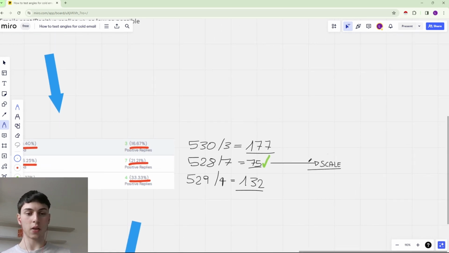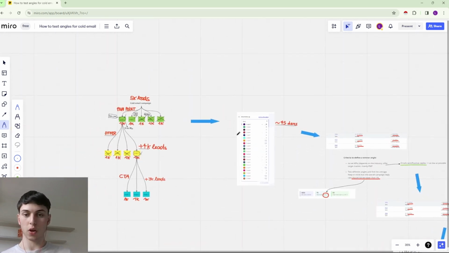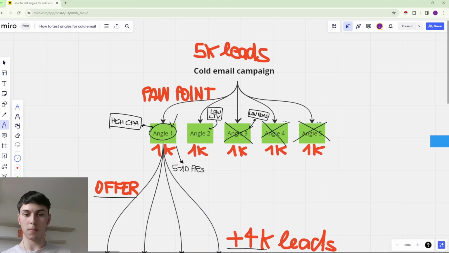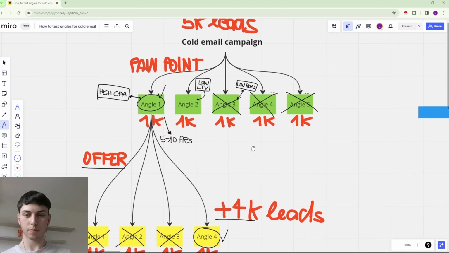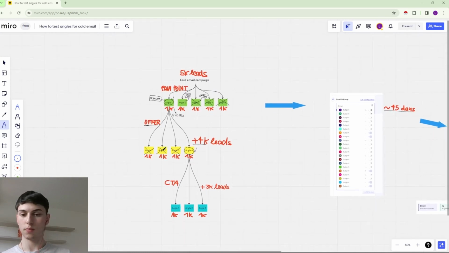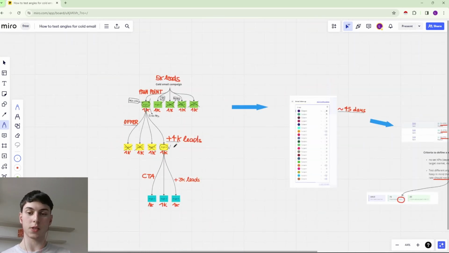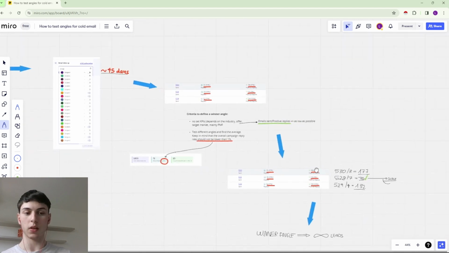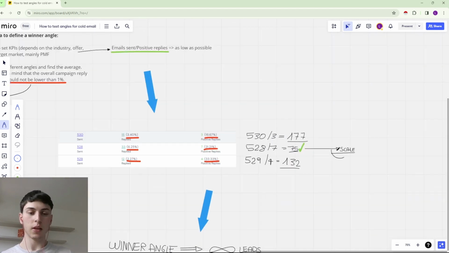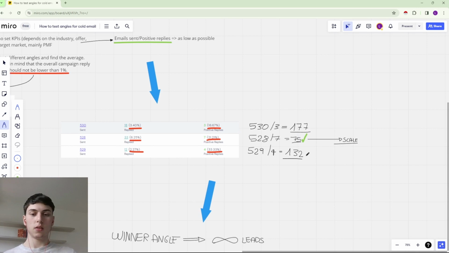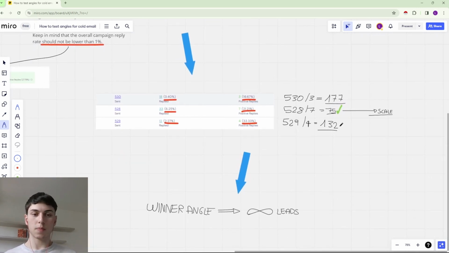And I would scale this angle by essentially going over this method right here, creating different angles and testing another variable while scaling the same angle that has worked best. Essentially here, you want to split test angles until you find a winner angle that gets you unlimited leads out of your total addressable market, which is essentially impossible.